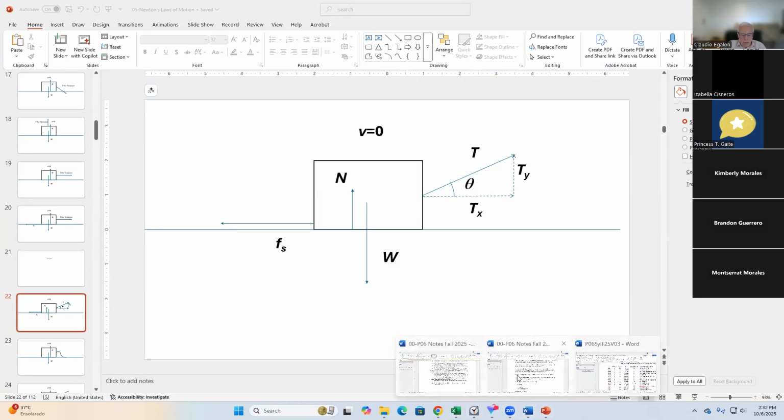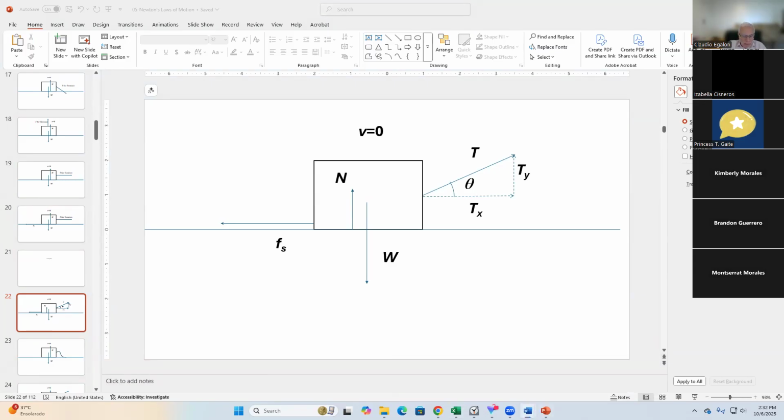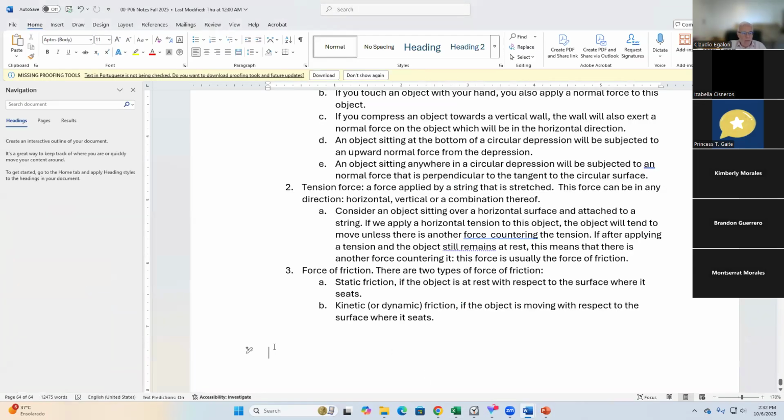Now we can introduce the first Newton's law of motion, now that we have all those ideas of force.